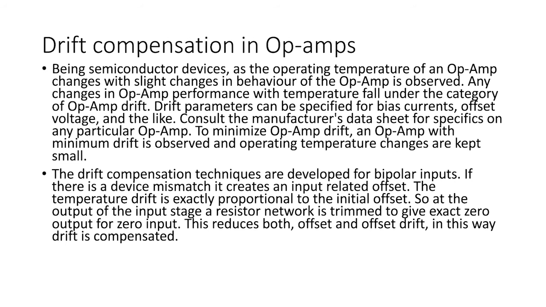So, at the output of the input stage, a resistor network is trimmed to give exact zero output for zero input. That is, a network of resistors is kept to get the output as 0 when the input is 0. This reduces both offset and offset drift. In this way, drift is compensated.